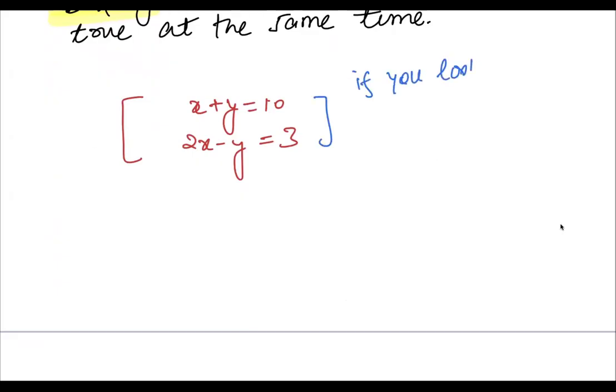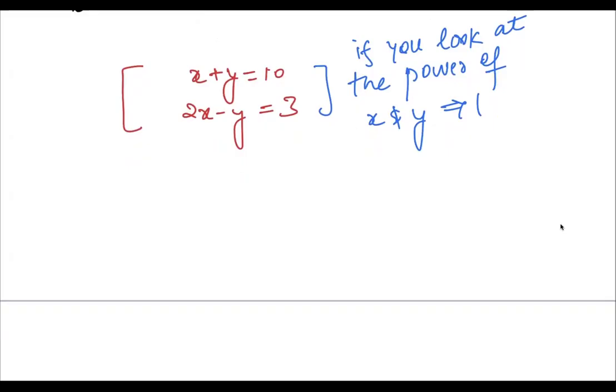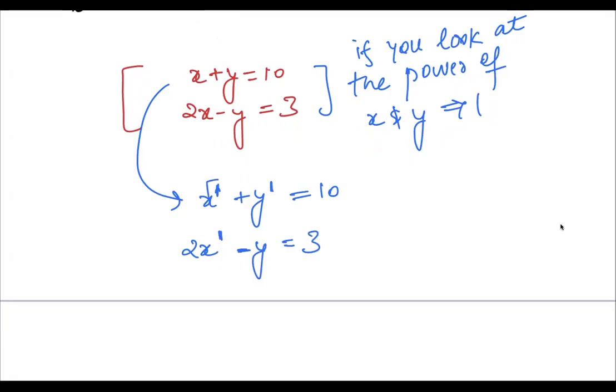If you look at the power of x and y, it is 1. This is essentially x raised to the power 1 plus y raised to the power 1 is equal to 10, and similarly 2x raised to the power 1 minus y is equal to 3. So the power is 1. That's why we call this a linear equation.